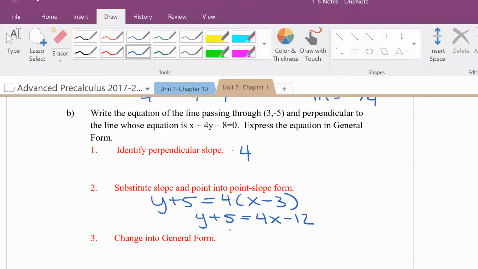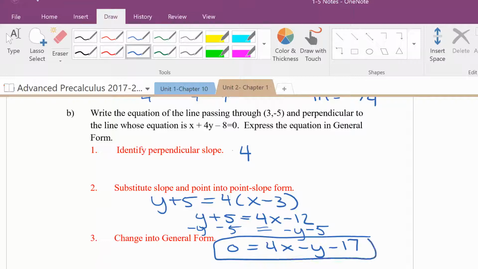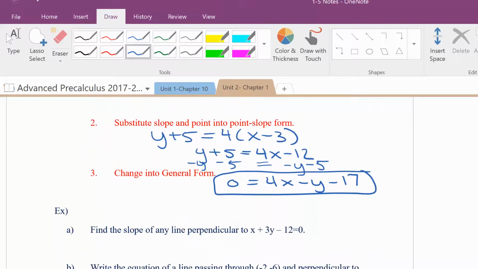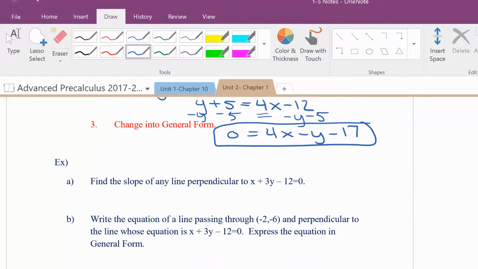But also, the leading coefficient in front of the x has to be positive. So since it's positive there, I'll move the y and the 5. So I get 0 equals 4x minus y minus 17. And that is in general form.